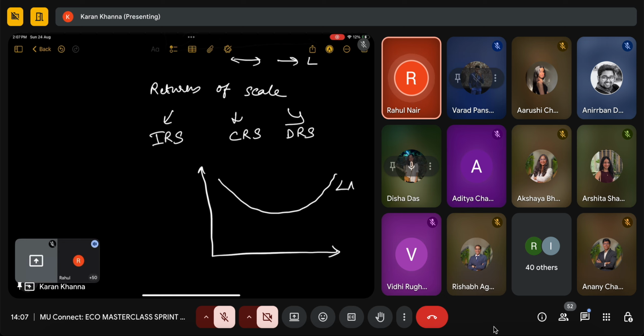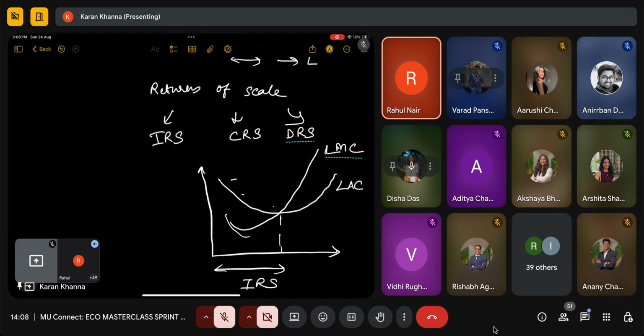So if I plot the long run average cost curve and the long run marginal cost curve, till this particular point, this is IRS, increasing returns to scale. That is the reason the marginal cost is decreasing and the average cost is decreasing.